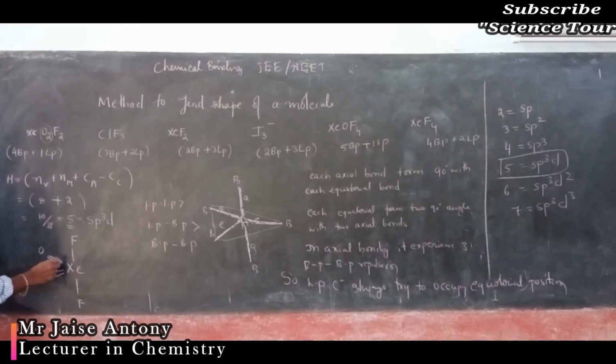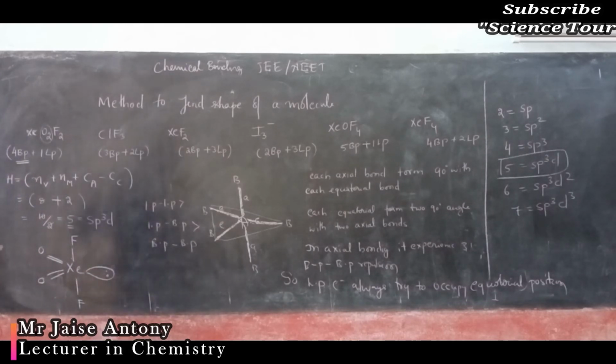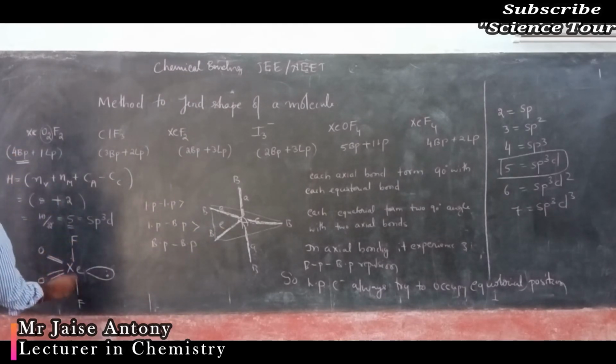That means 1, 2, 3, 4 bond pairs. This double bond is treated as a single bond pair. 1, 2, 3, 4 bonds, and 1 lone pair, which you can keep in an equatorial position. So total 4 bond pairs and 1 lone pair, total 5 pairs of electrons.